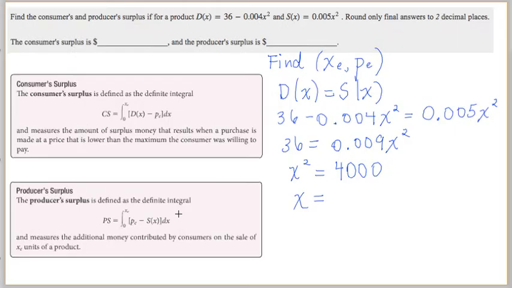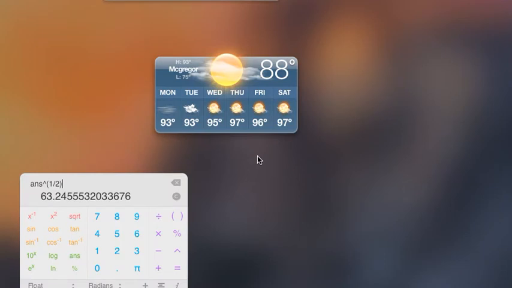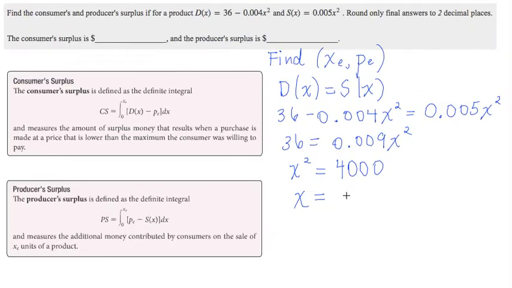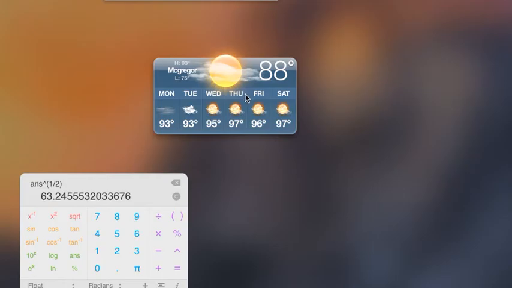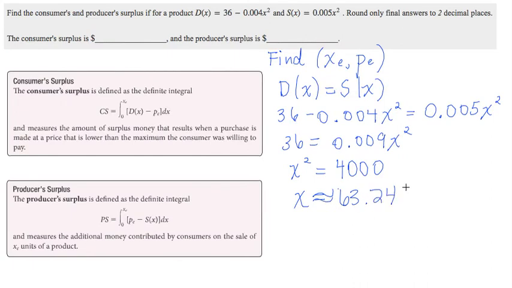It does come to 63.2455, roughly. 63.24555. So it's up to you if you want to round at that point. If you do round, just carry out lots of decimals.